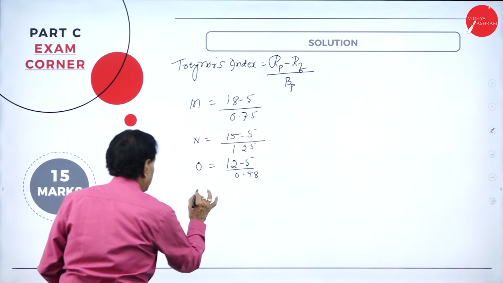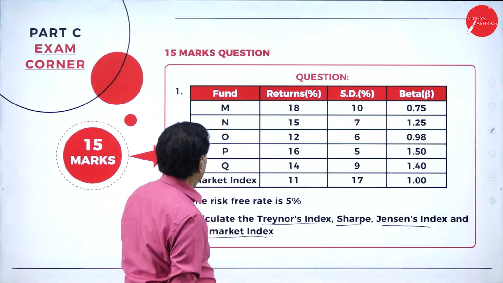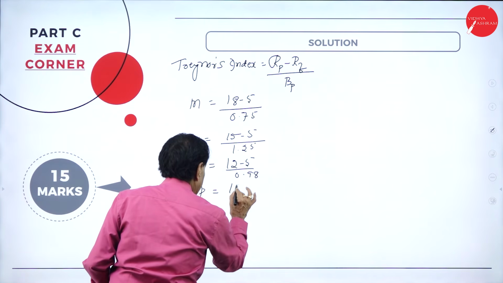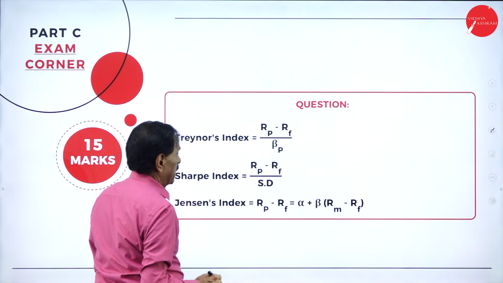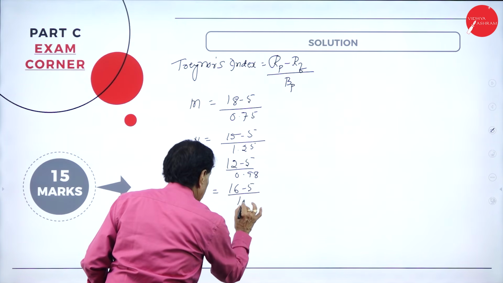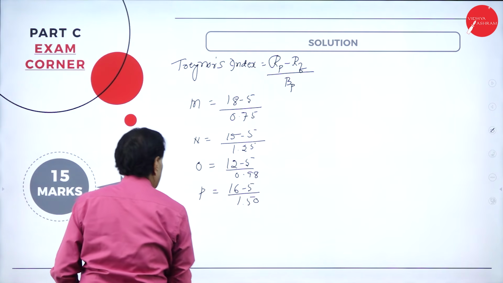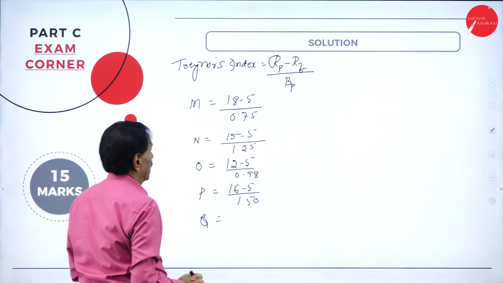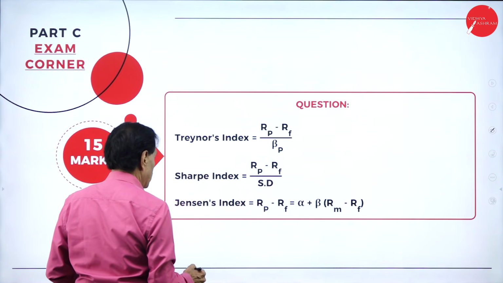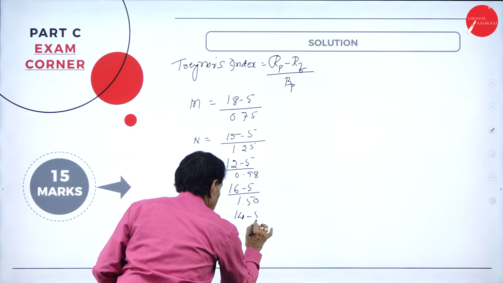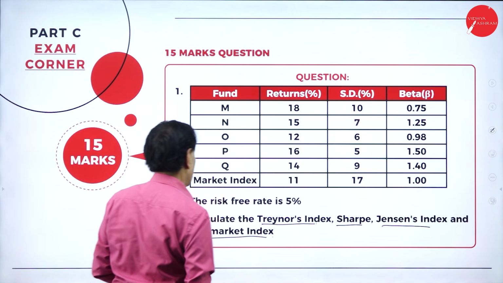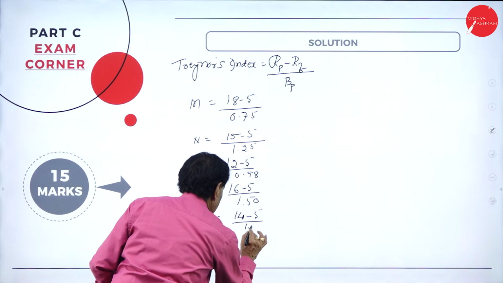P, what's the return of P? 16 minus 5, your beta is 1.5. Q, 14 minus 5 divided by 1.40.